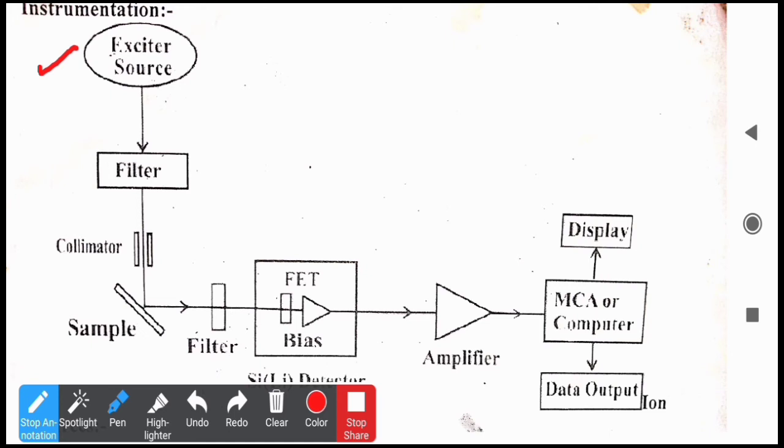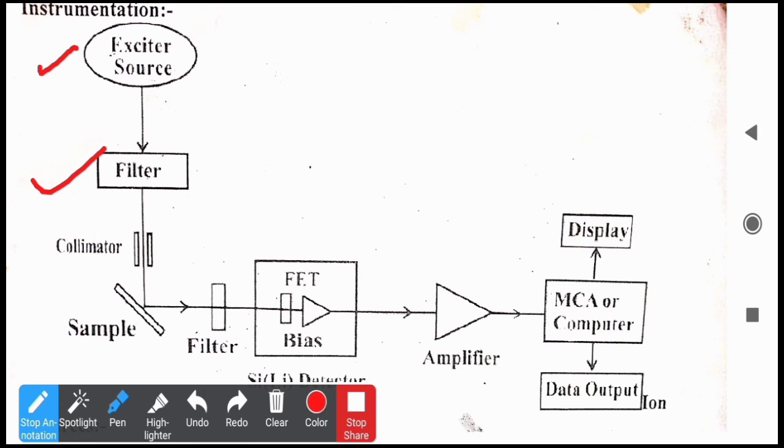Once the ions are generated, they are transferred through various accelerator tubes or magnetic analyzers, all simply called filters, which selectively allow the ions of the required types.